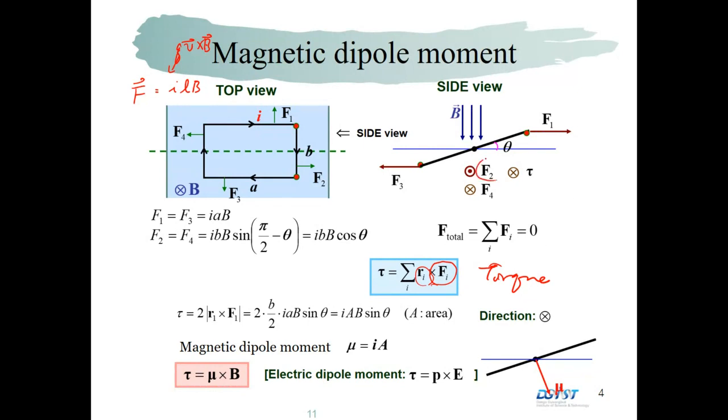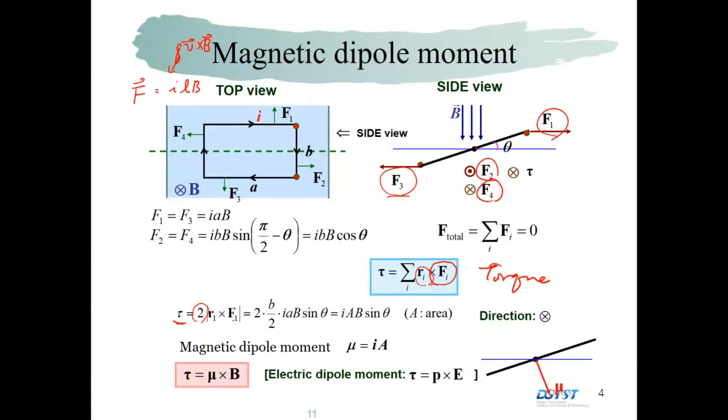Okay, and F2 and F4 are acting on the same axis, so the contributions of torque from F2 and F4 just cancel out. The torque is the sum of these two forces. We have a sum of F1 and F3 here, and the magnitudes are the same, so we have a factor of 2 here.